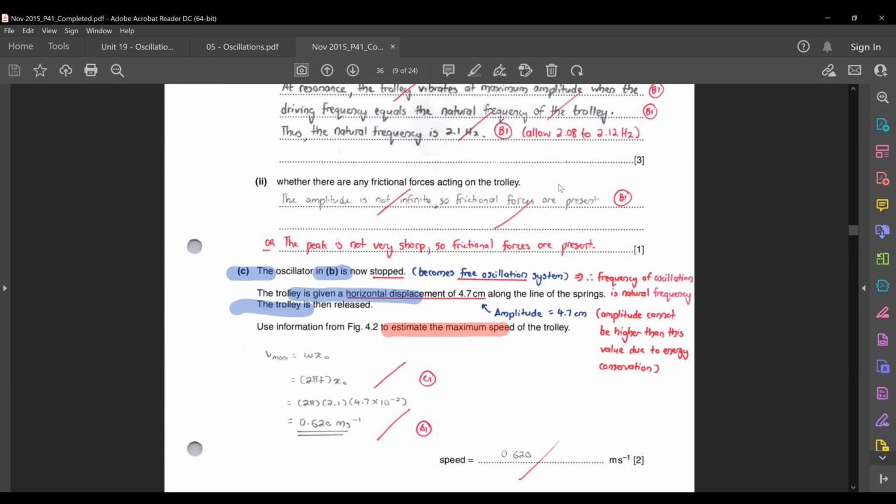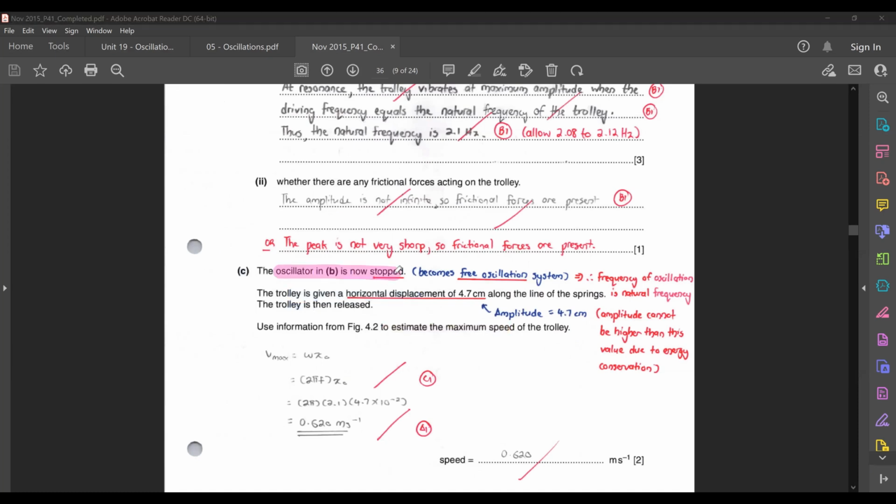Now, when they tell you that the oscillator is now stopped, and then after that, they subsequently give you a horizontal displacement to the trolley before releasing it, your system now becomes a free oscillation system. Because here you're giving an initial displacement and then releasing your trolley.